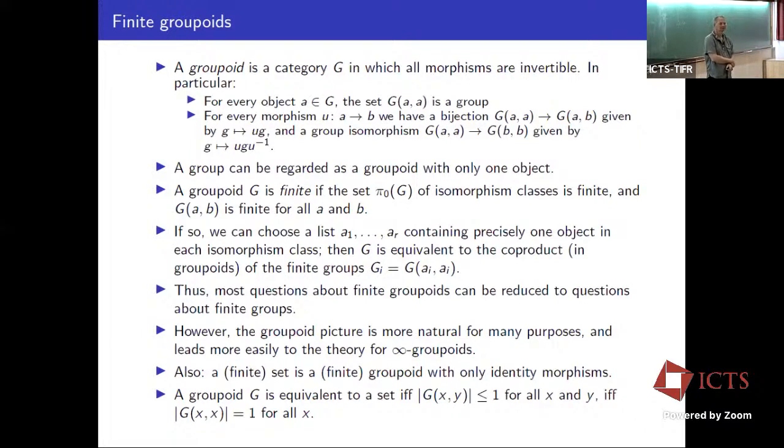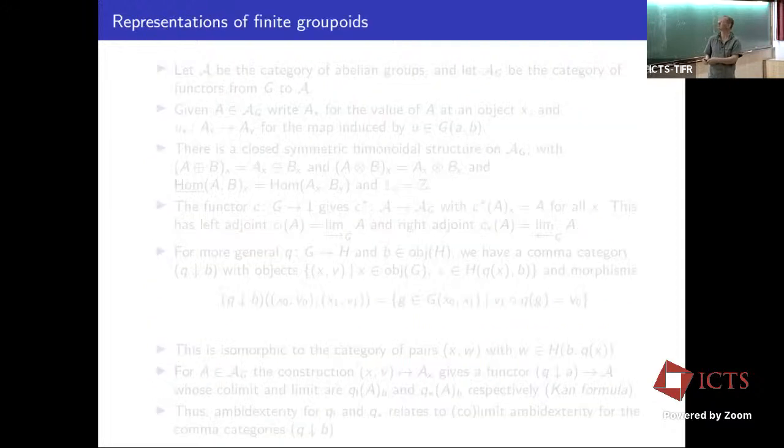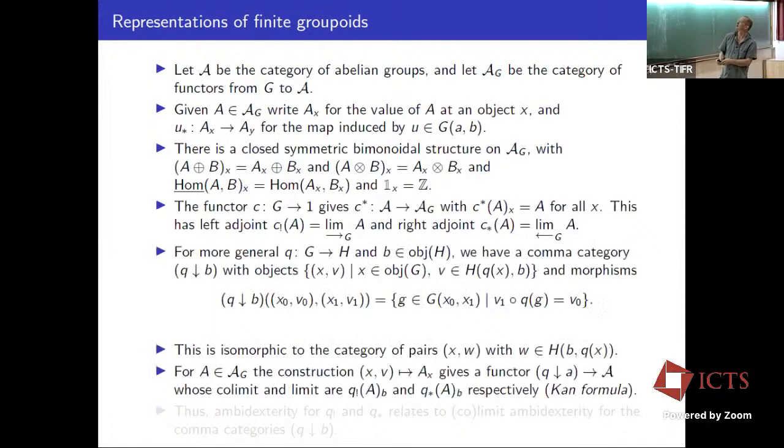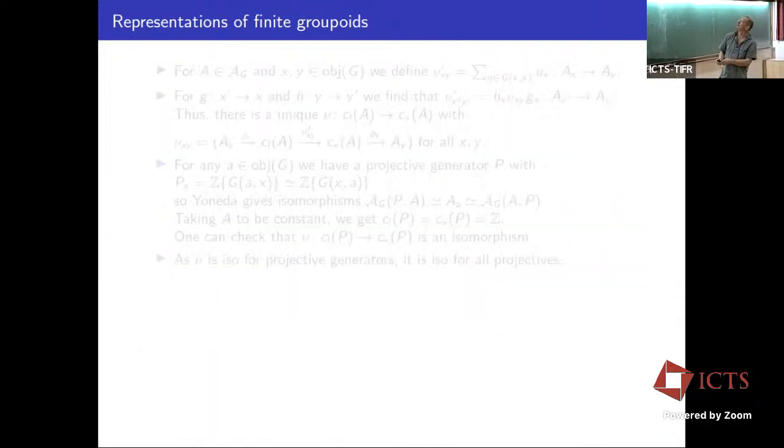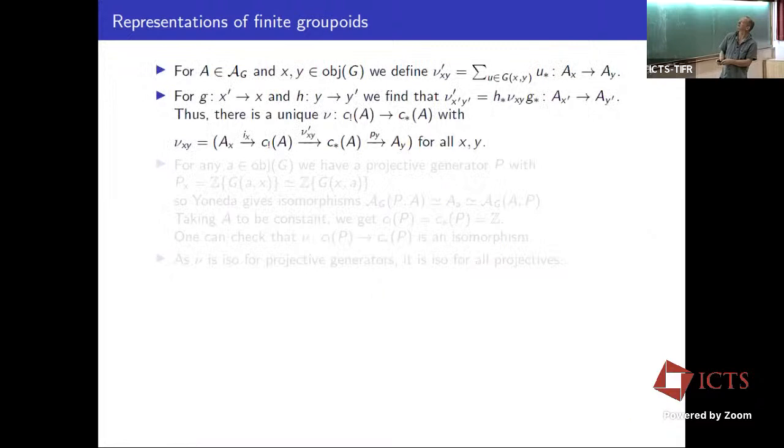In the next slide, you define the map nu. Oh, it might be in the slide after this. The map nu from C shriek to C star. So here you said that for C shriek to be the co-limit, we needed C to be the functor to the terminal groupoid, right?